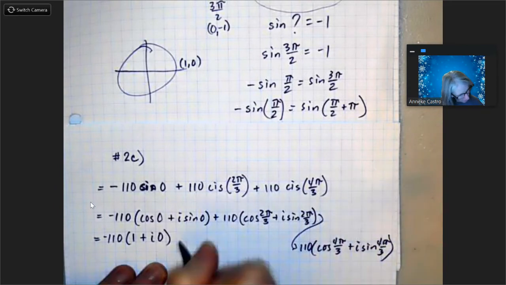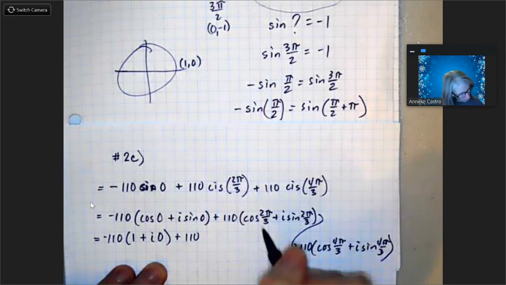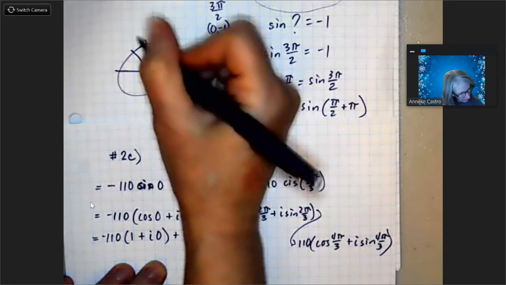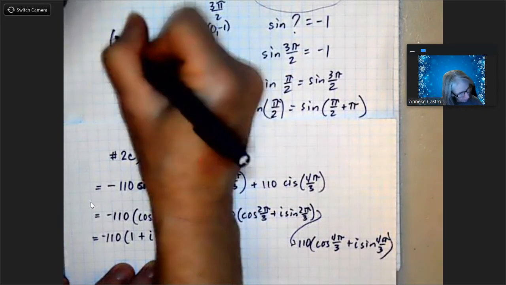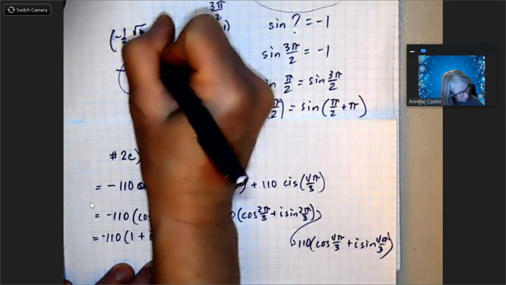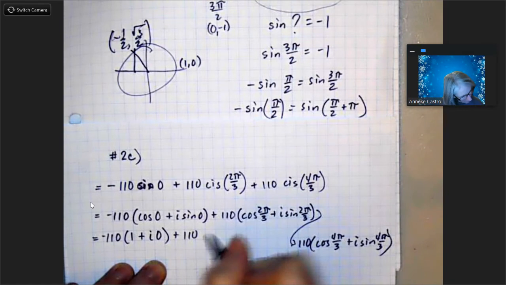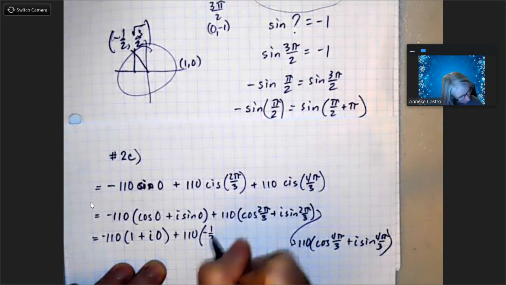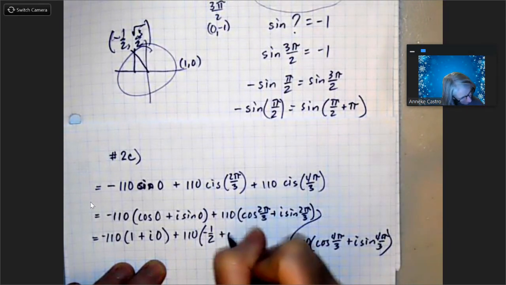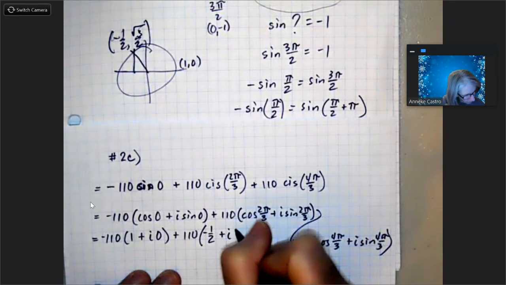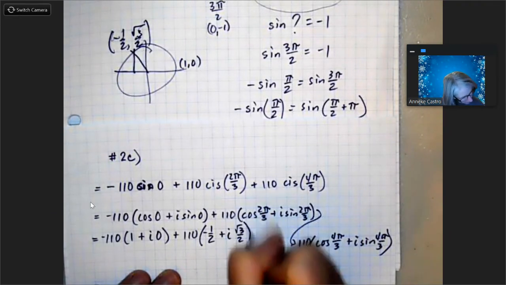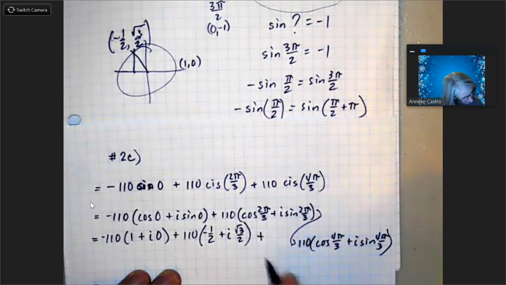And then the next one, 110, 2 pi over 3 is right here. So that's negative 1/2 and square root of 3 over 2. So 110 times negative 1/2 plus i times square root of 3 over 2, plus, here I go again.